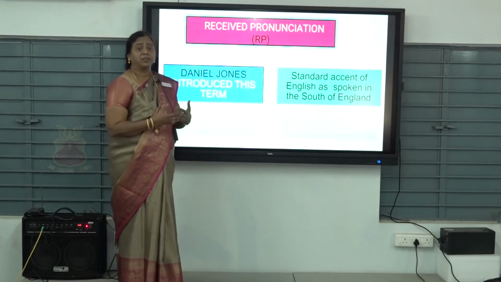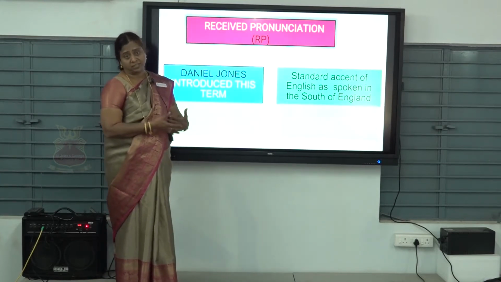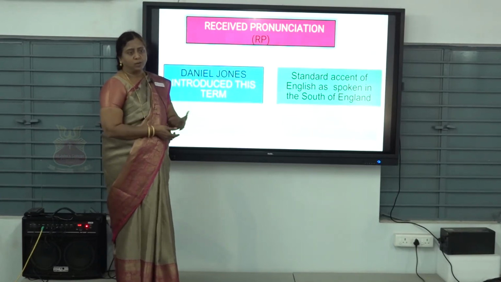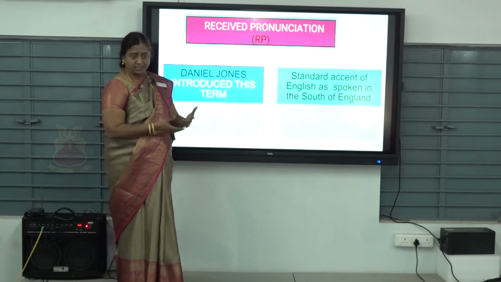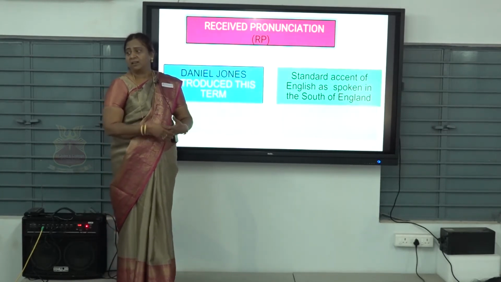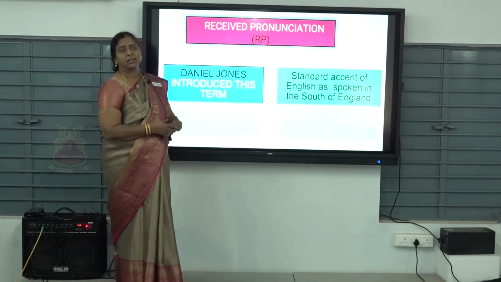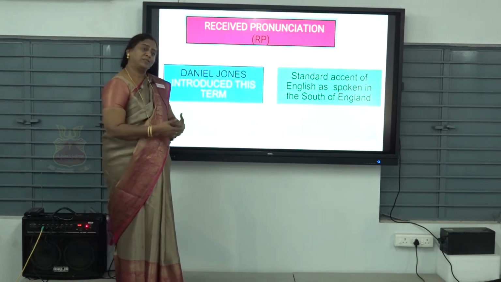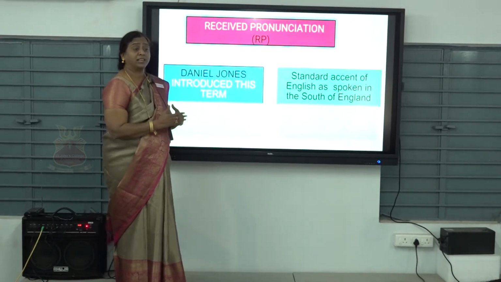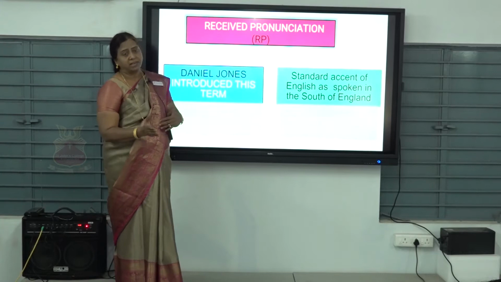They made a study. For example, in our own native language Tamil, we have several dialects. Nagercoil people speak differently, the same Tamil, but they will be talking differently in Tirunelveli. Madurai Tamil will be different and Madras Tamil will be different. Like that, in the English language also in England, there were so many dialects.